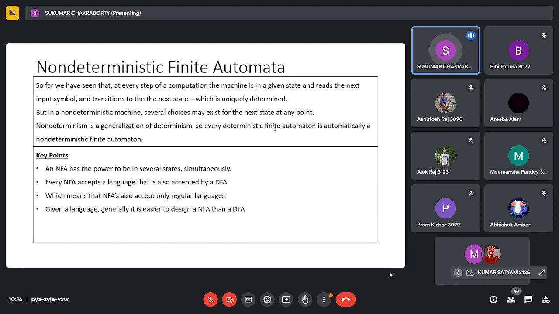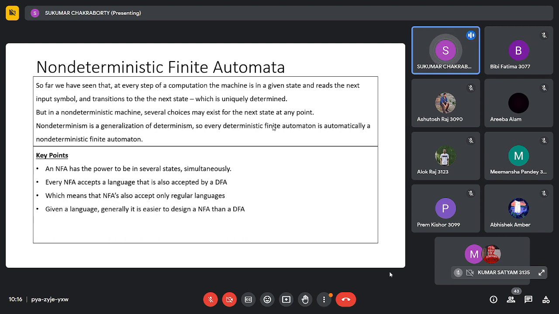We will see in the next class, probably, that designing an NFA to solve a problem is much easier compared to designing a DFA. NFAs are closer to the higher level languages, and DFAs are closer to the low level languages.